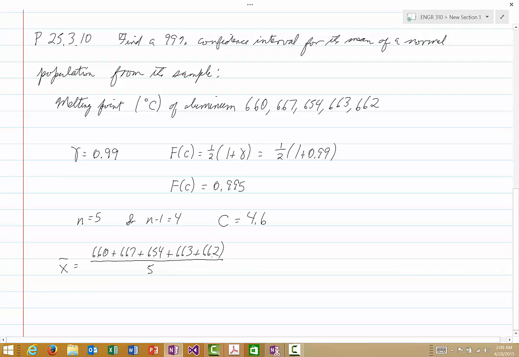And if you wish, we can put degrees C there in the top. And so x bar, if you do this calculation, you will find that x bar is equal to 661.2 degrees C.